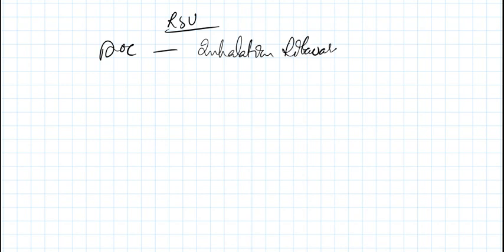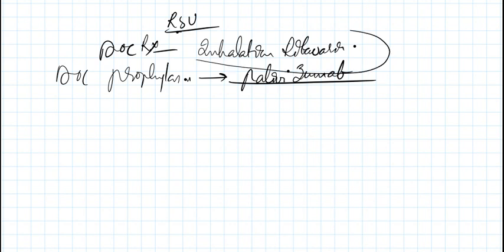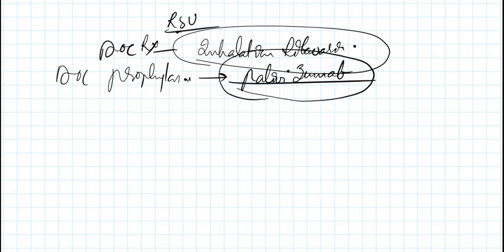But if you ask me the drug of choice for prophylaxis, then obviously it is palivizumab. Treatment of respiratory syncytial virus is inhalational ribavirin, the drug of choice. For prophylaxis, palivizumab becomes the drug.